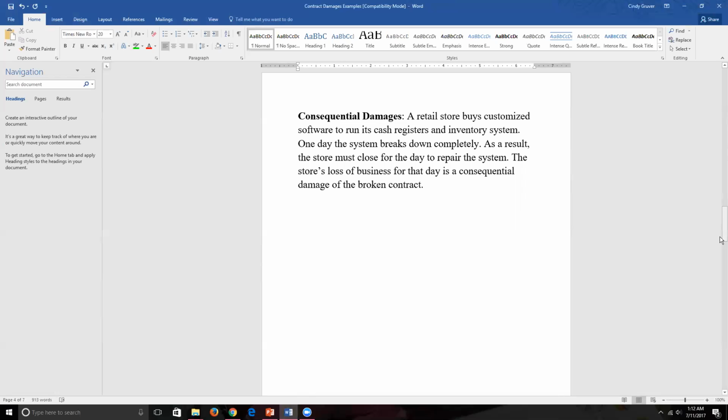Well, it's probably pretty foreseeable that a business would have to close when its cash register software crashes. And so the cash register software company should have been able to anticipate that it might be on the hook for the lost profits from that day of sales. So that would be a pretty foreseeable damage. That would be an example of a consequential damage.